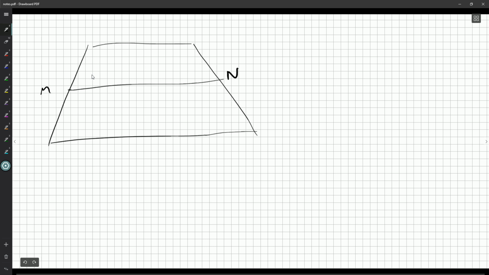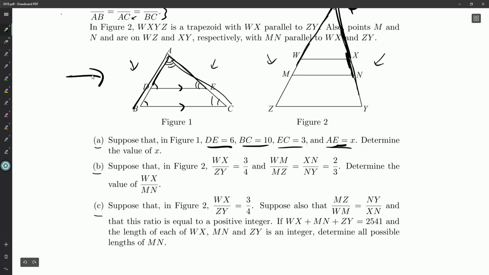So M and N here, it was W, X, Y, and Z. Now we're not actually given any values here, but that's okay. We are given some ratios. And that might just be enough.